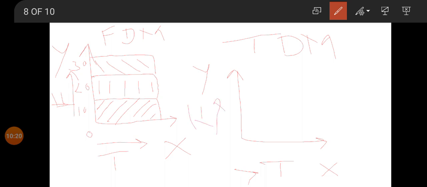Clear? Okay, then come to TDM. So in TDM, again we use the same axes, x-axis and y-axis. The x-axis represents time and the y-axis represents frequency. Okay, so in TDM, as you already know, we divide the time. So here 0 to 30 frequency is there.